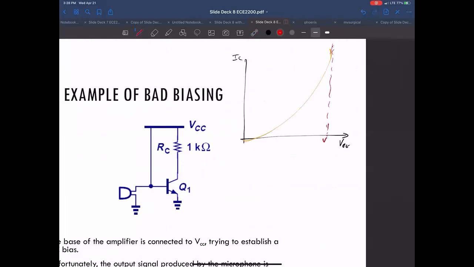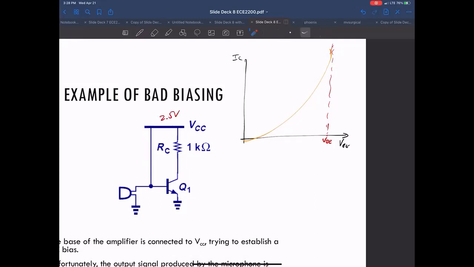I'm going to bias it here. By shorting this guy to this guy, my VBE ends up being, let's say, 2.5 volts. And I got lots of current, good to go.